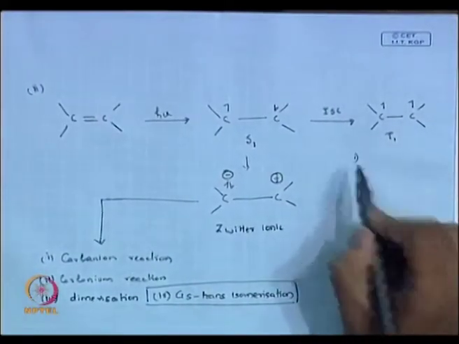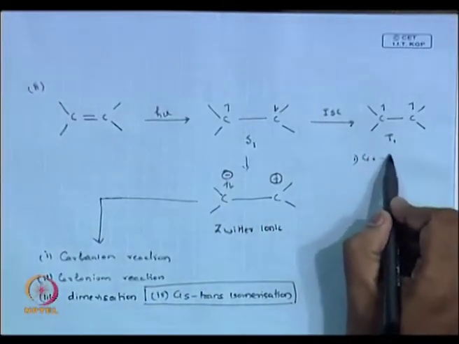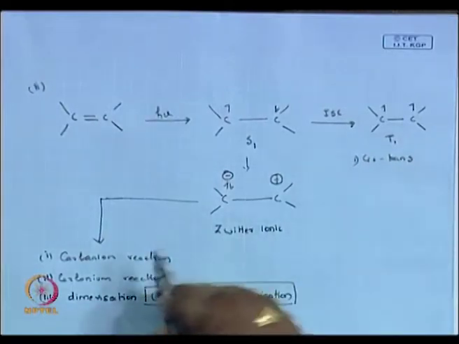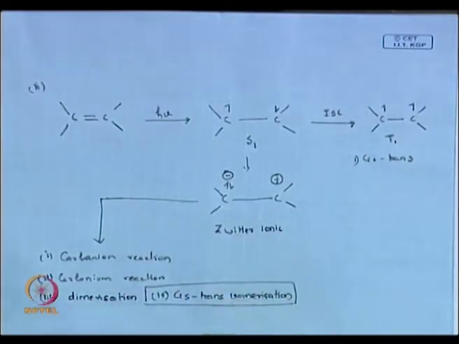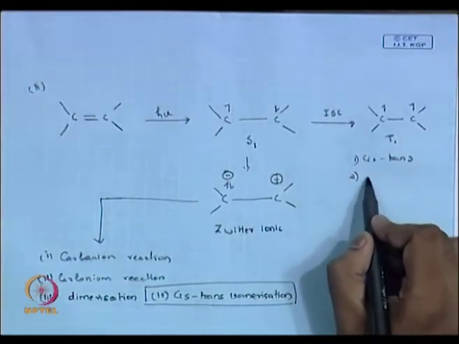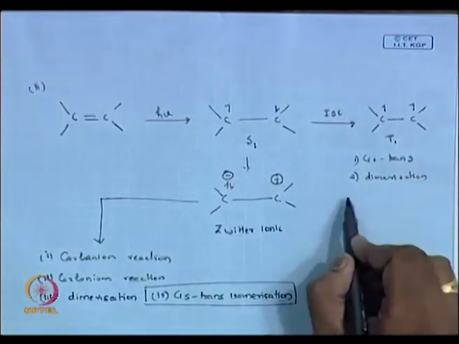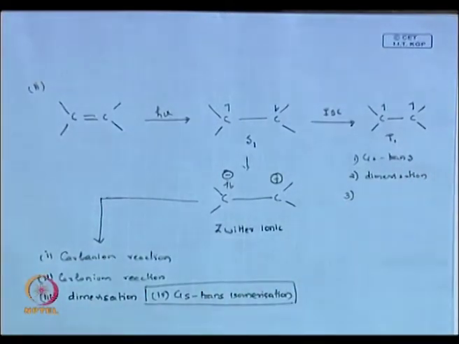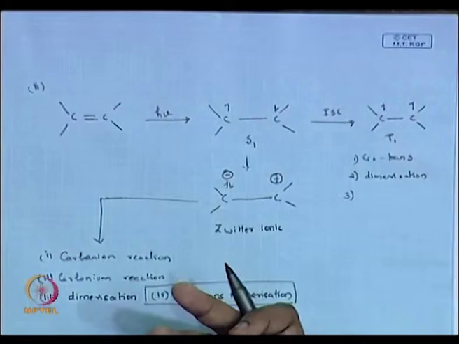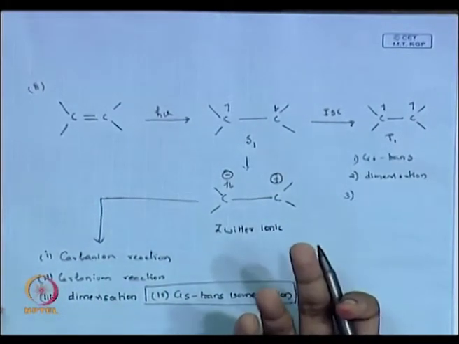Triplet, again it undergoes nice cis and trans, because that is not going to stop it, okay. Even if it is a radical, it can do cis and trans, right. It can undergo dimerization, all right, that also you can see. And then you can see all your n pi star reactivity, right, because it is again radical. What are they?